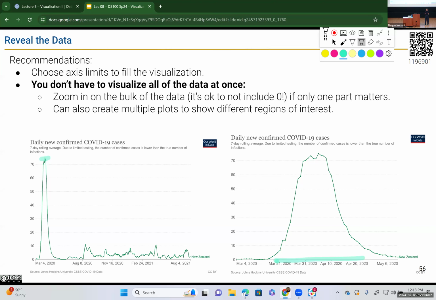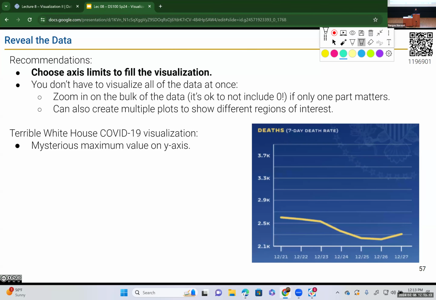So this is also something else that you can have in mind when you're using visualization as part of your EDA as well. This is a plot from the White House about COVID cases. You see that they're showing, okay, there is a trend in around December and what happened during the Christmas days. And the issue with this plot is that it's not using the entire axis on the y-axis.